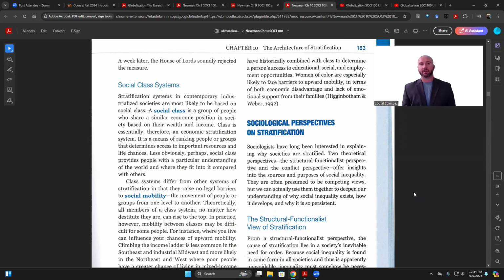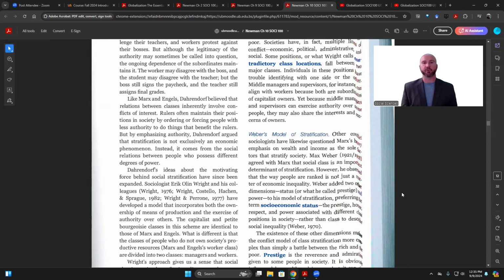By virtue of you taking part in education, you're trying to increase your social ranking. Now, that would be through what Max Weber called your socioeconomic status, the relationship between your level of education, your occupational prestige, your income, and your wealth, as well as maybe your power and authority within the workplace or in different aspects of society.